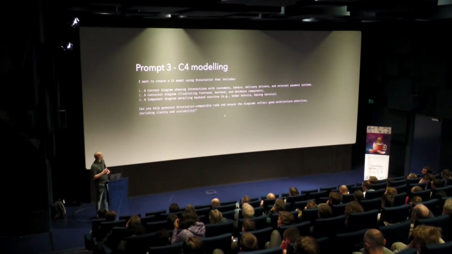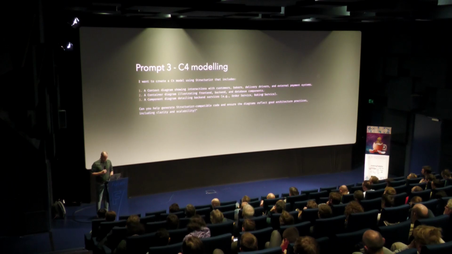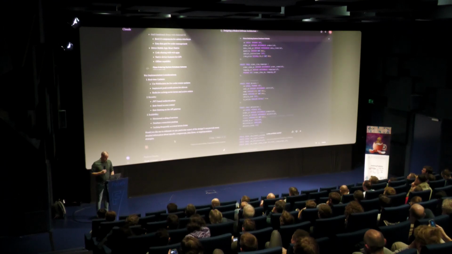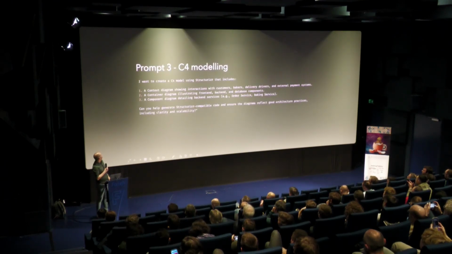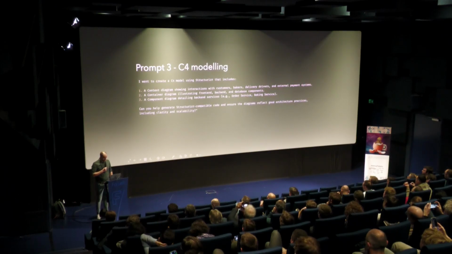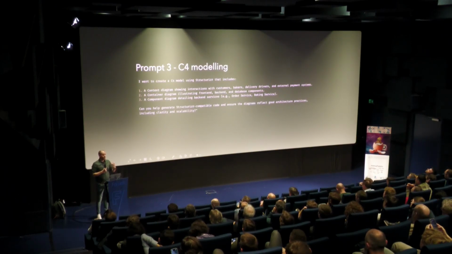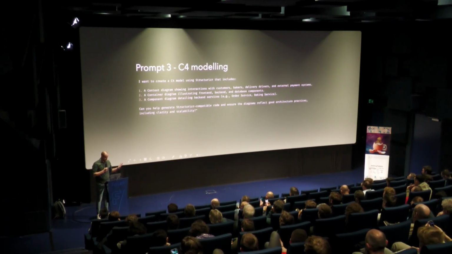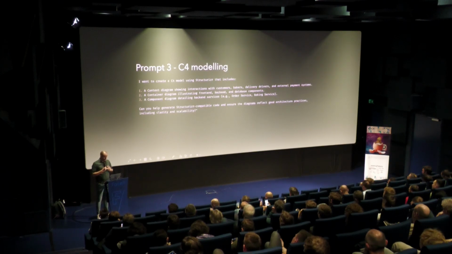And well, let's have a look if Claude also can help us with this. Before I paste it, I want to create a C4 model using Structurizr. Structurizr is the tool that creates diagrams from those instructions you put in the text file. I want a context diagram, a container diagram, and a component diagram.